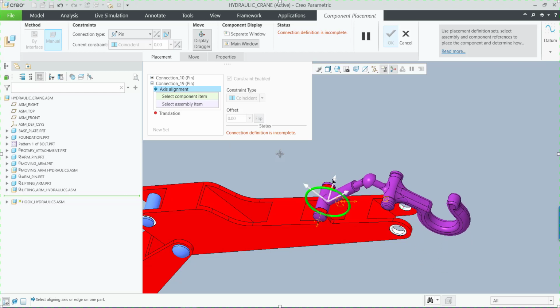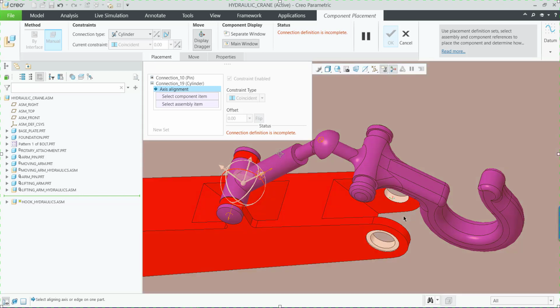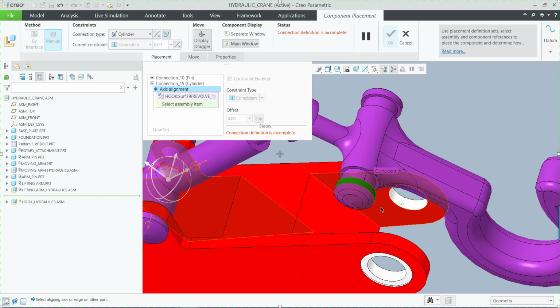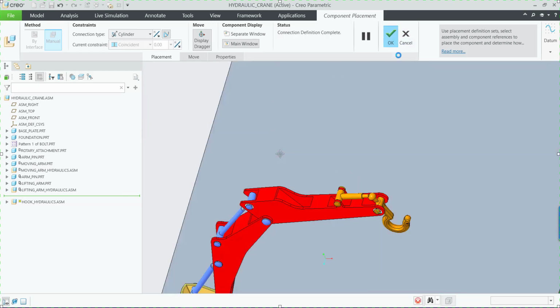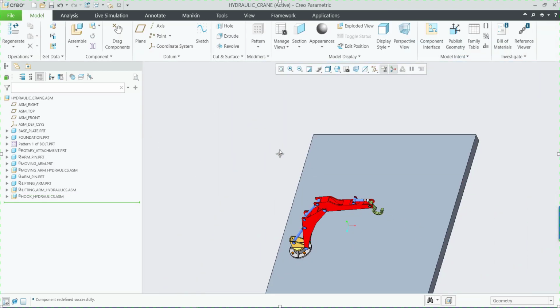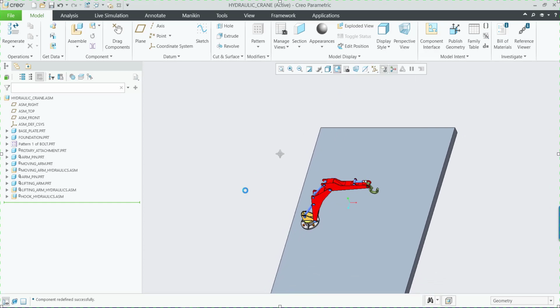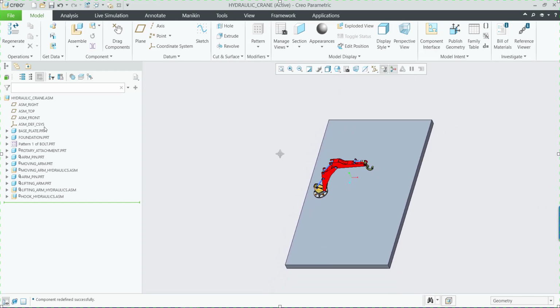So in the new set, I will go for the cylinder, and let me choose this surface with this surface. So that way the connection definition has been completed. So this way the assembly was initially fully constrained, and I can convert it very quickly to the mechanism connections.